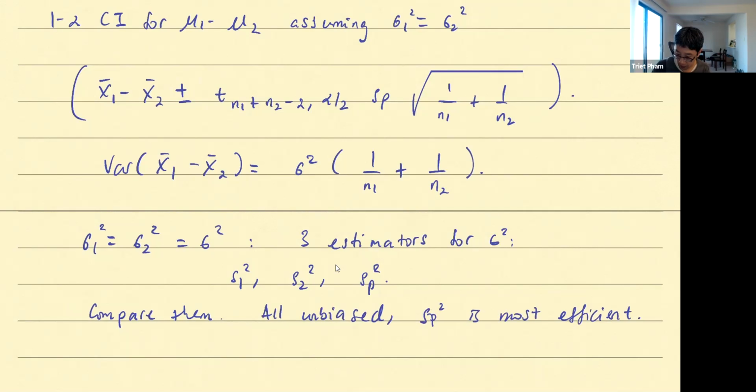By the way, is there any comparison of efficiency between S1 square and S2 square?